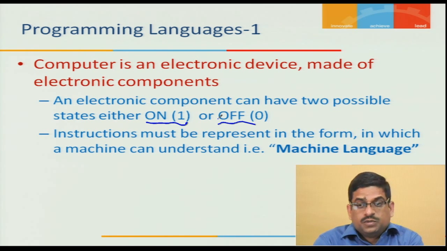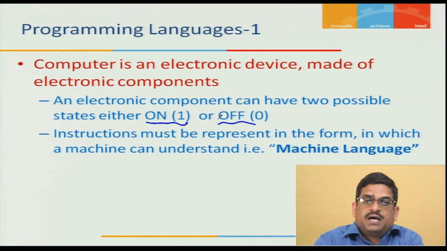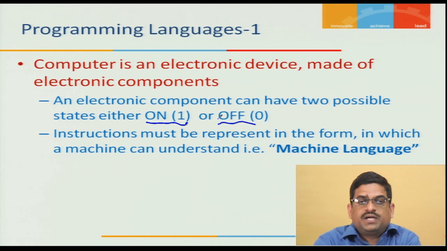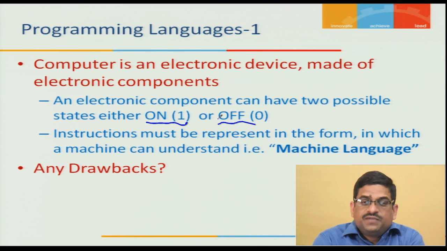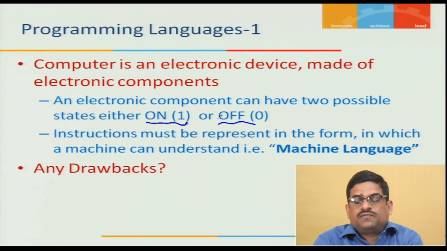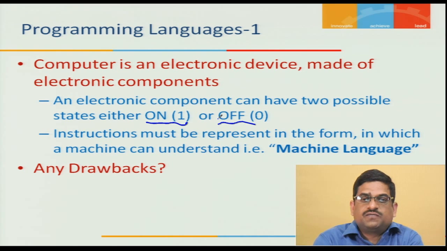So to instruct the computer, I need to represent my solution steps in the form of instructions supported by the particular machine, and I have to write those instructions in machine language. Now you can visualize your program, the solution of your problem, in terms of a sequence of 1 and 0.